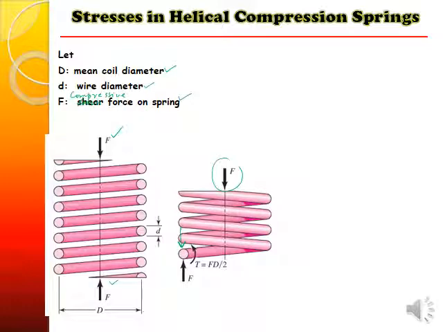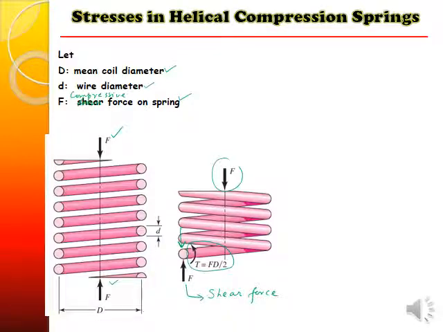So when I replace these forces, I'm going to create a moment with the two forces by this distance, and that moment is the torque over here, while this force will pass through the section and it is parallel to the section. So now this force is called the shear force.